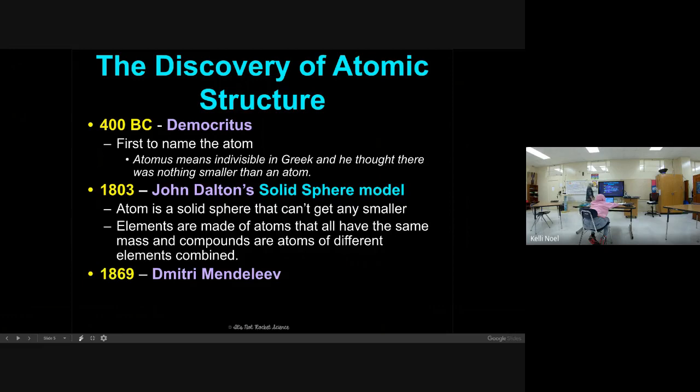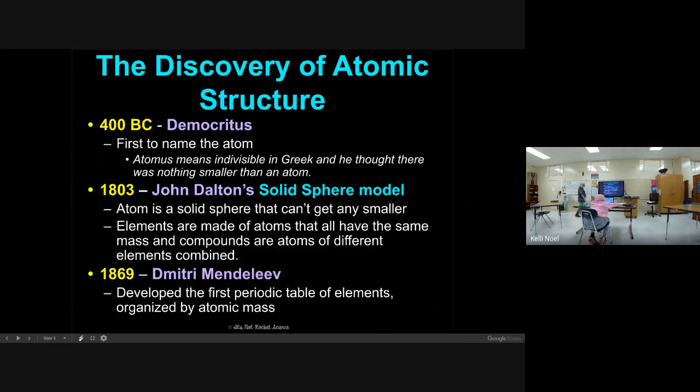So he started thinking along the right lines. His model wasn't quite right, because he said it was a solid sphere, like a teeny, tiny little marble that's really small, and you can't get any smaller.